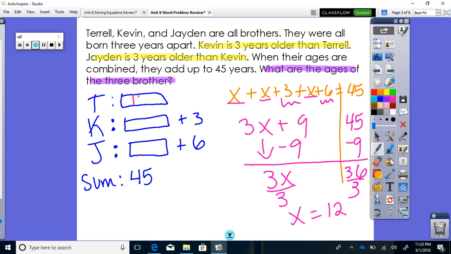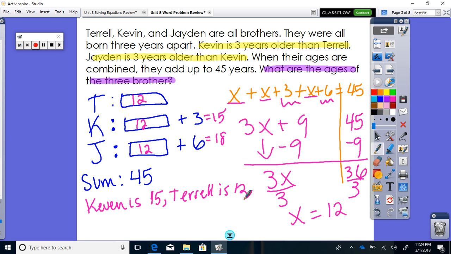So that means that Tyrell is 12, Kevin is 12 plus 3, so 15, and Jaden is 12 plus 6, which is 18. So Kevin is 15, Tyrell is 12, and Jaden is 18.